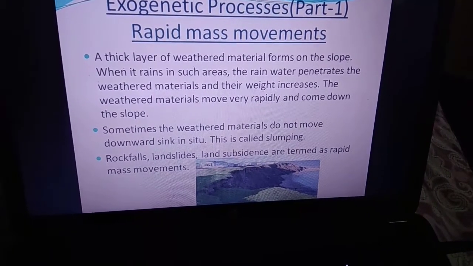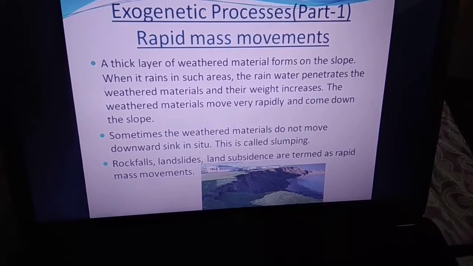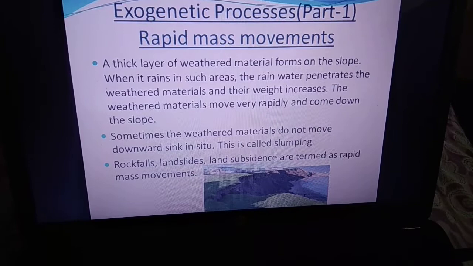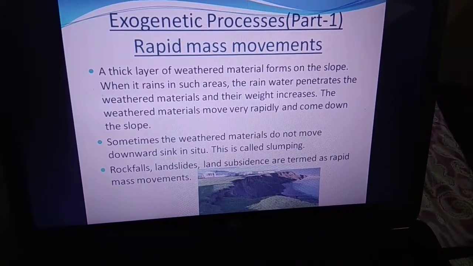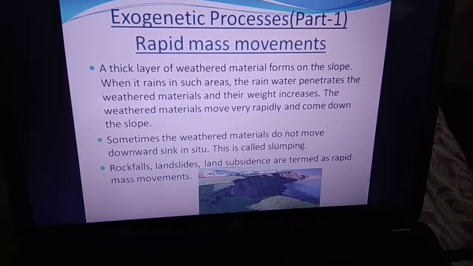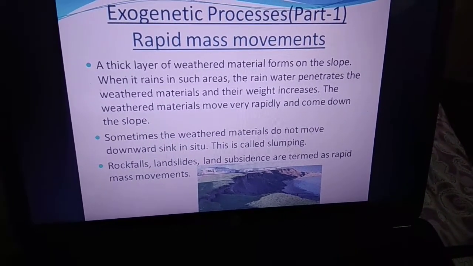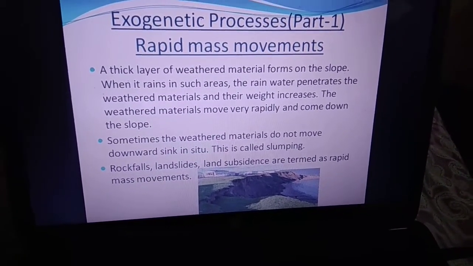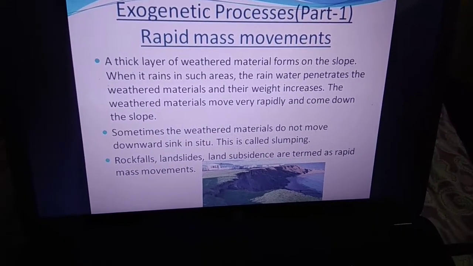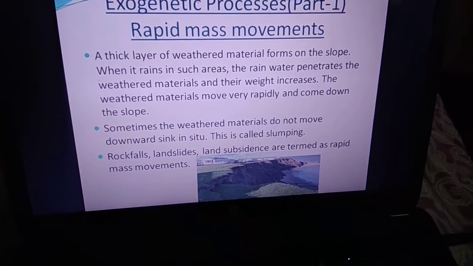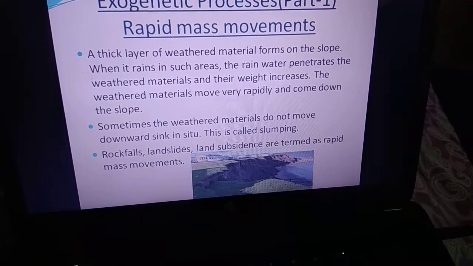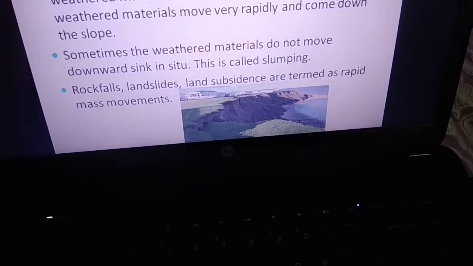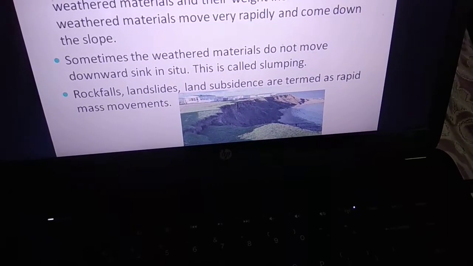As you will see in this slide, the second point is the definition of slumping. The weathered material doesn't move downward, it sinks in situ. This is called slumping. Rockfall, landslide and land subsidence are termed rapid mass movement, and that is the diagram of slumping.